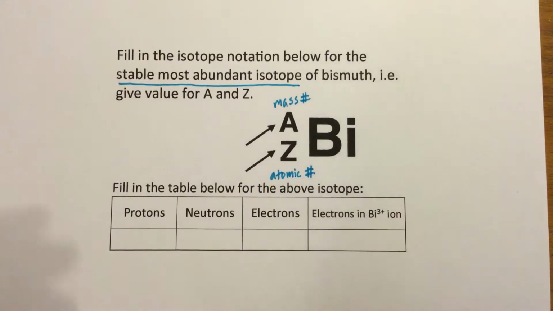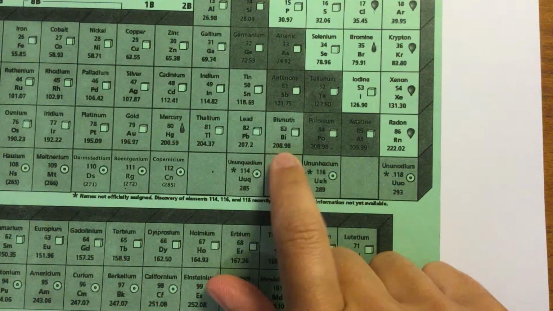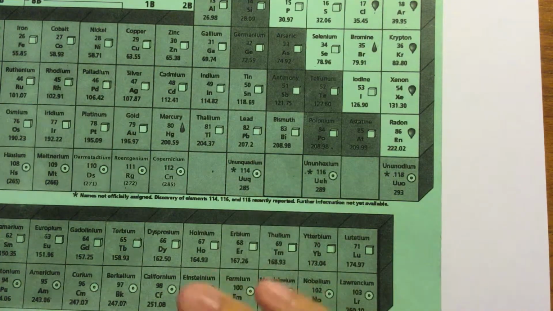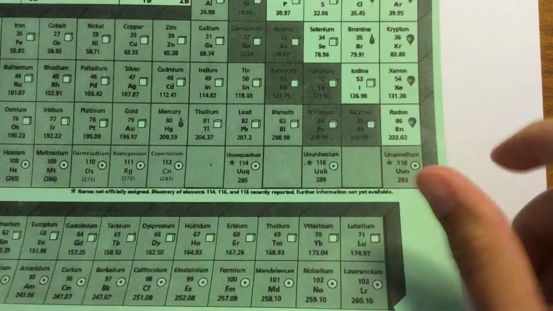Remember that on your periodic table, you have atomic masses. If we find bismuth on here, it's right there. That number, 208.98, is the atomic mass. The atomic mass takes into account all of the isotopes of a particular element, and then it takes the weighted average, and that's why we get a decimal number here.